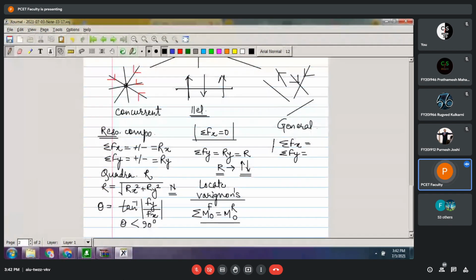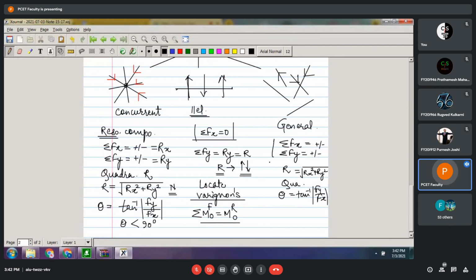From these two, I will find the magnitude of R as under root of Rx square plus Ry square. Depending on their plus or minus sign, I will decide the quadrant of the resultant. I will again find theta, which will be tan inverse of fy by fx.